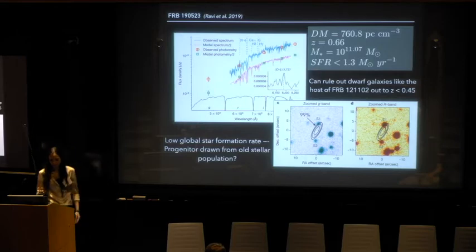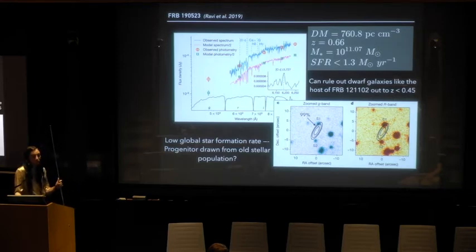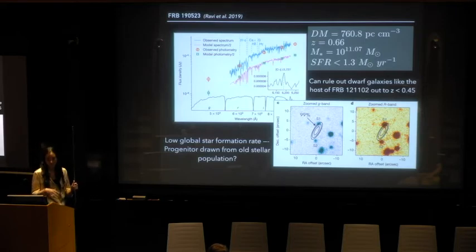The total stellar mass is significantly higher, while the specific star formation rate is lower than the repeater. And so again, this is suggesting that massive star progenitors may not be required for the production of FRBs. Similarly, the fact that for this particular event the host galaxy is probably not contributing a lot to the DM suggests that these events may not need to occur in regions of active star formation.